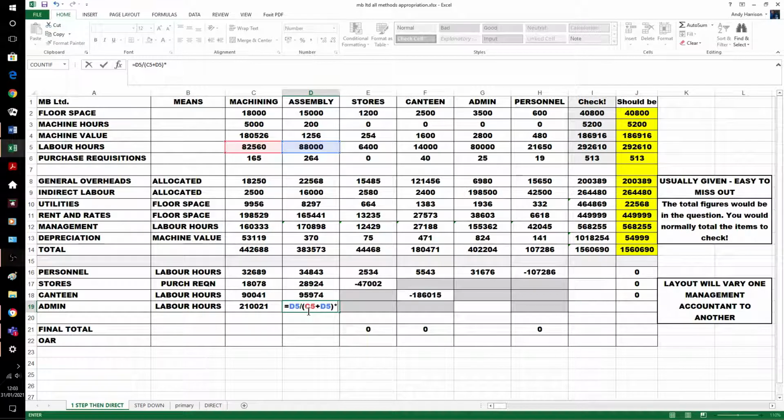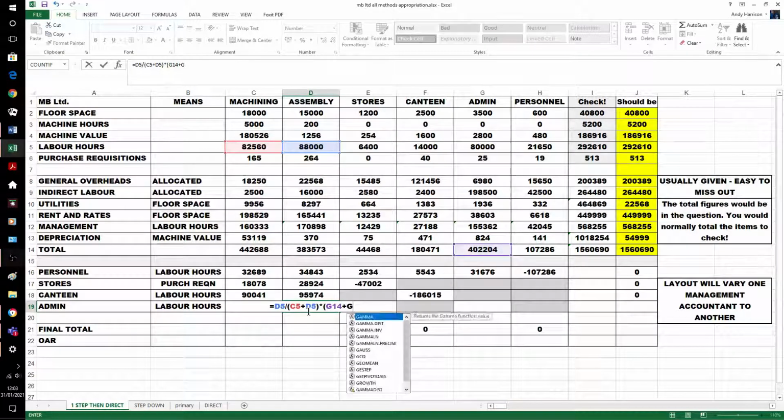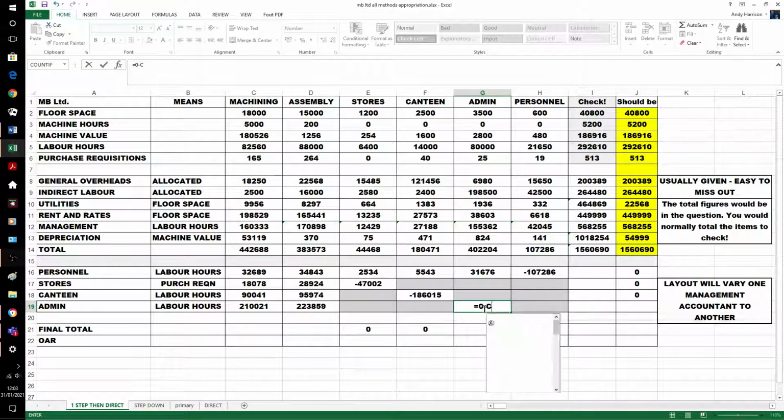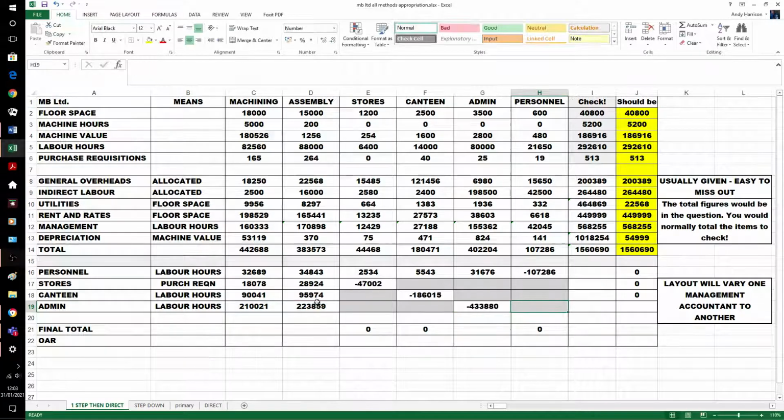So the labour for the two departments times by, looks about right. A bit more labour hours. So that zeroed and that zeroed.